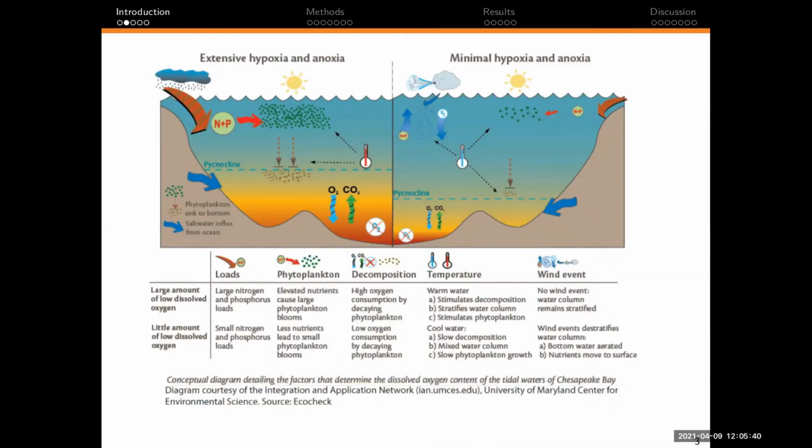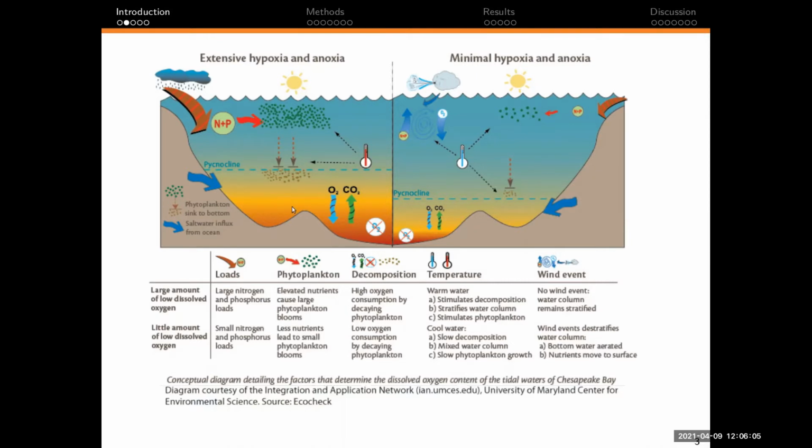There are a couple of different causes of this kind of coastal and estuarine hypoxia, but most commonly it's associated with high loading of nutrients like nitrogen and phosphorus, primarily but not entirely from, say, fertilizer runoff. That delivers a lot of nutrients to the bay. You get a phytoplankton bloom associated with that. That bloom eventually sinks, and the organic matter sinks to the bottom.